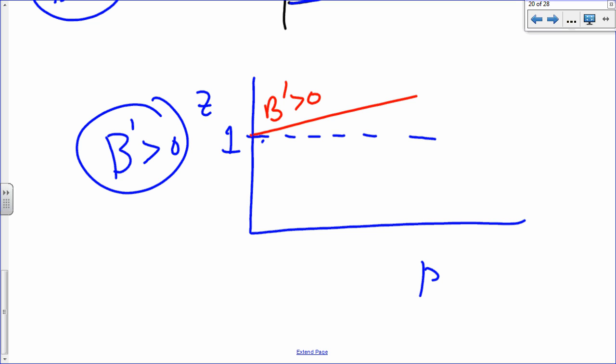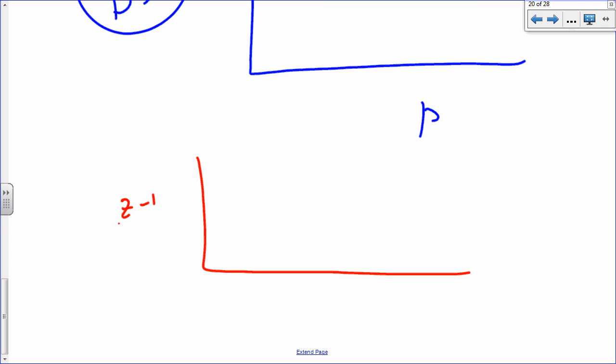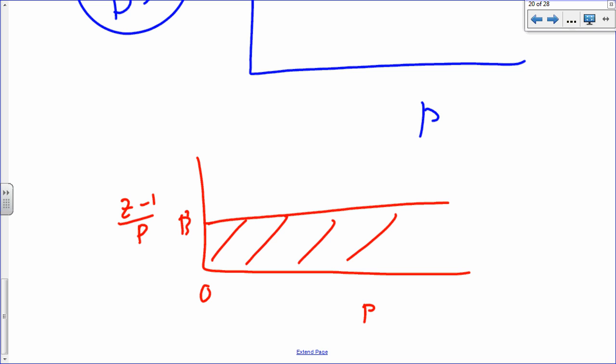Then your Z minus 1 over P versus P is going to start off, the limit as P approaches 0 would be B prime, which is going to be a positive number. And so your area will always be a positive area. Your integral of Z minus 1 over P dP is going to be a positive number. Okay?